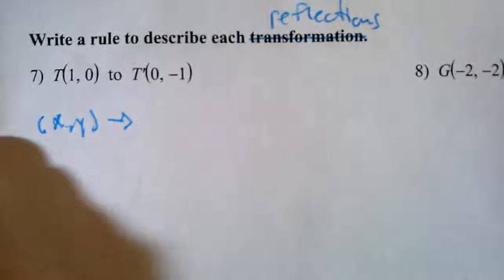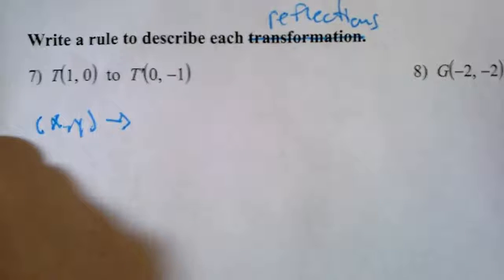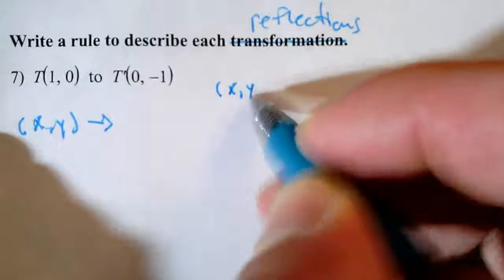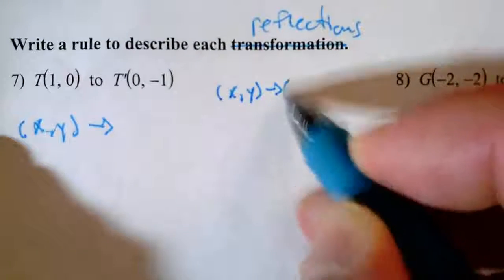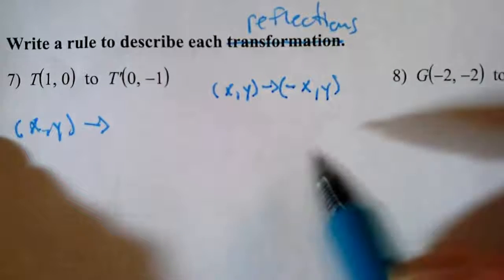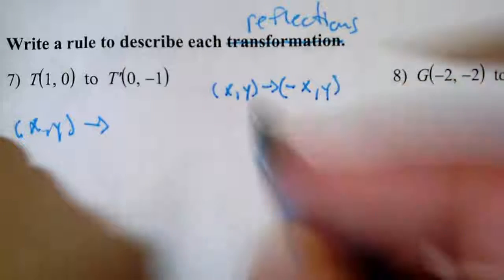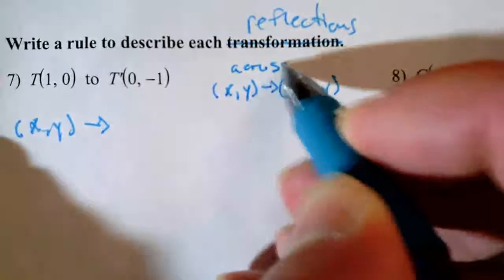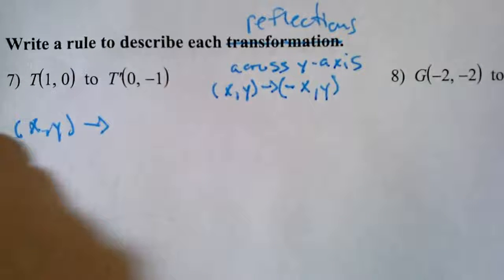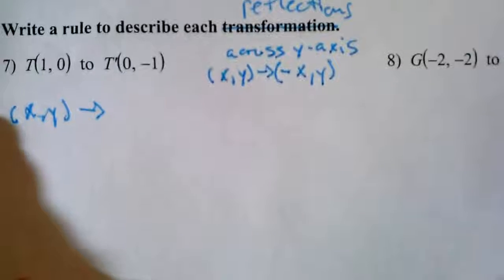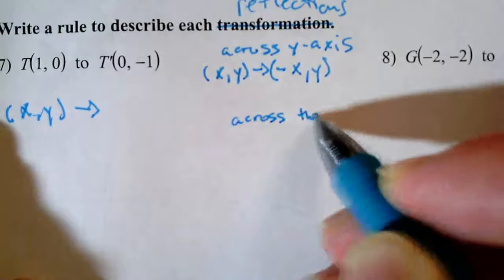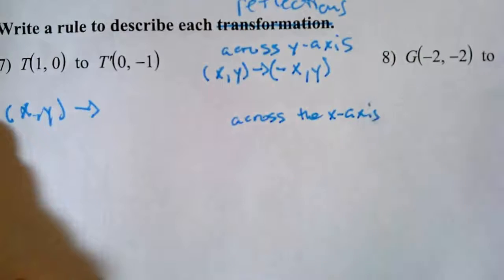Now, I'm going to give you some rules to pick from. One rule is (x, y) gets mapped to (-x, y). When you take the x-coordinate and make it negative, this is a reflection across the y-axis. Another rule is across the x-axis.